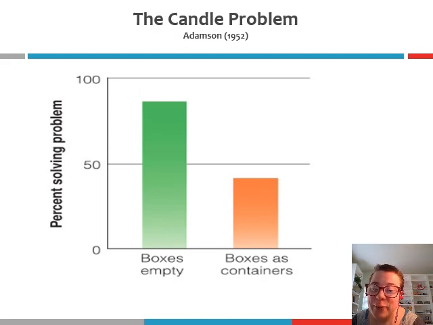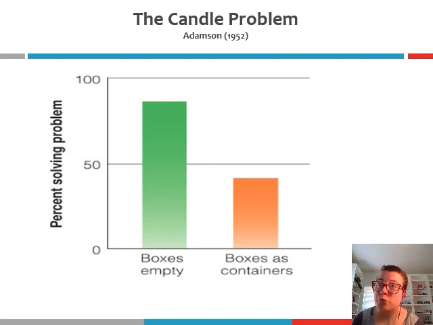Well, to answer that question, I'm first going to tell you about two different experiments that were conducted using this problem as the basic task that participants solved. In one experiment, this problem was presented to a group of participants, and when they received the materials, they were given small cardboard boxes containing each of the items.